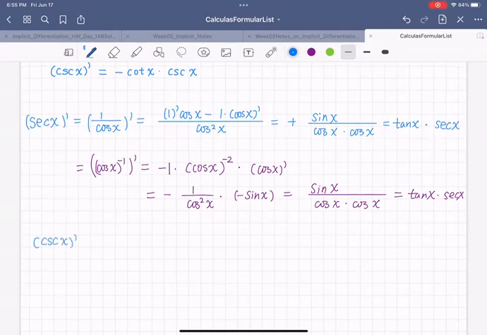Cosecant x. Let's do it here, please. Cosecant x is equal to 1 over sine x.